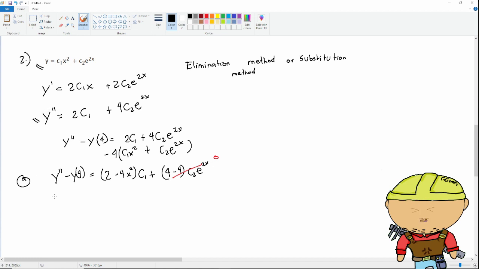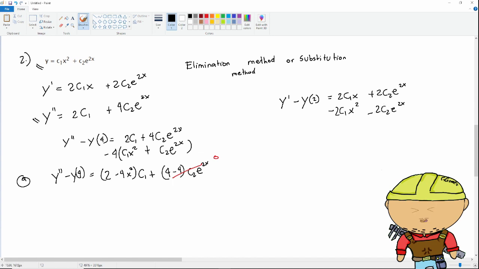Now, in the process of elimination method, we eliminate c2 again, right? So using the second equation, y prime, let's eliminate c2 by subtracting y multiplied by 2 from the equation, 2c1x plus 2c2 e to the 2x minus c1, 2c1 x squared minus 2c2 e to the 2x.